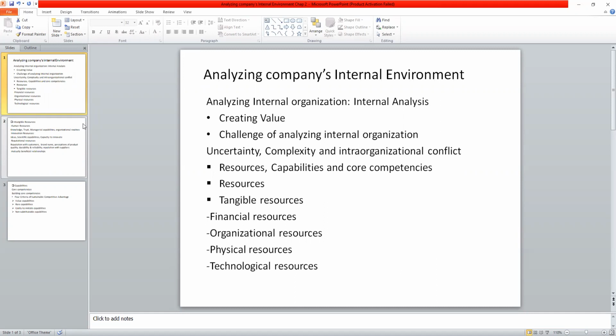So its formal planning, controlling, and coordinating of the systems also plays a vital role as far as the tangible resources are considered.